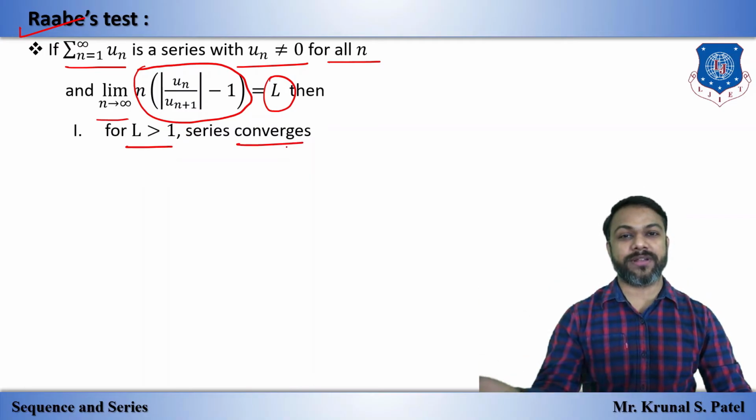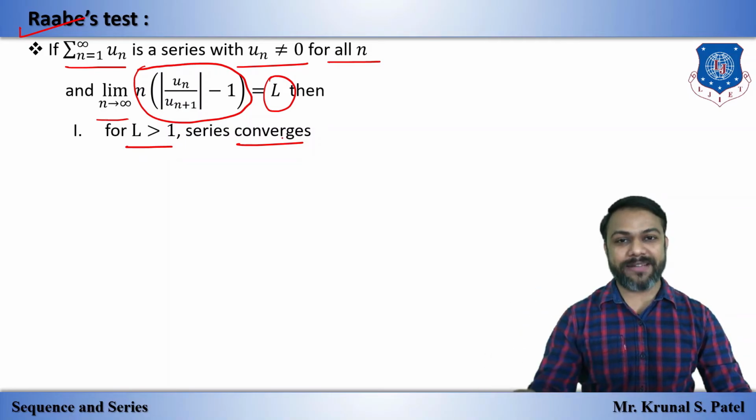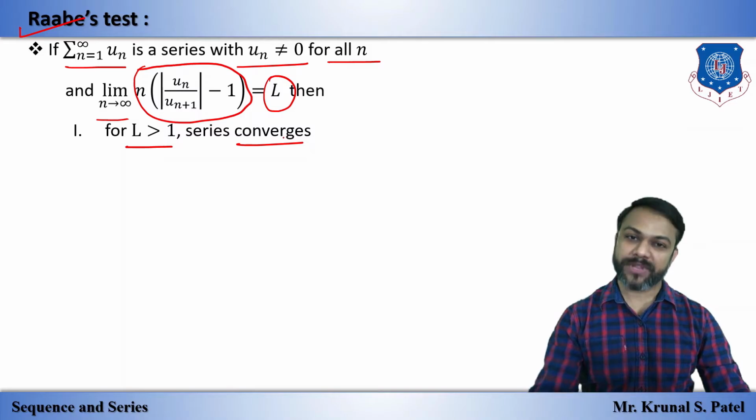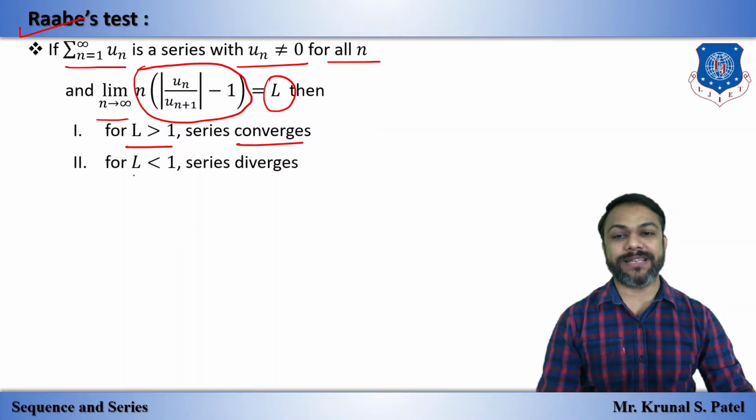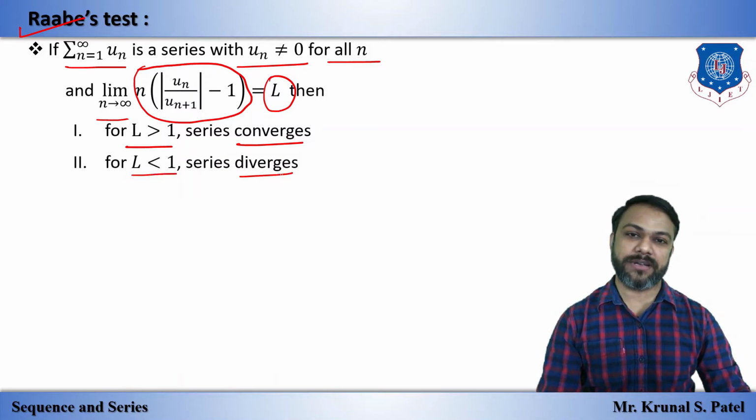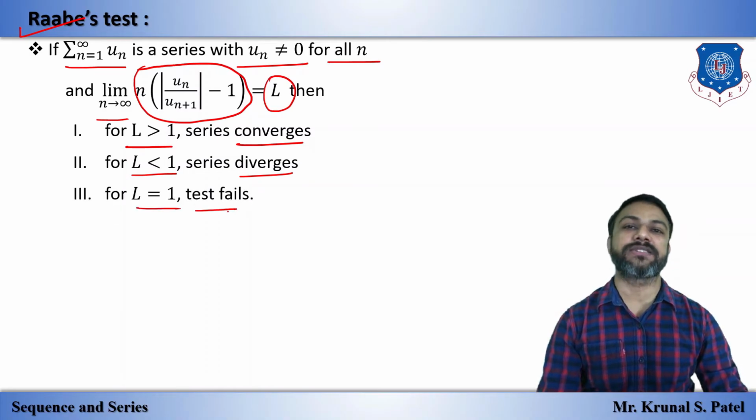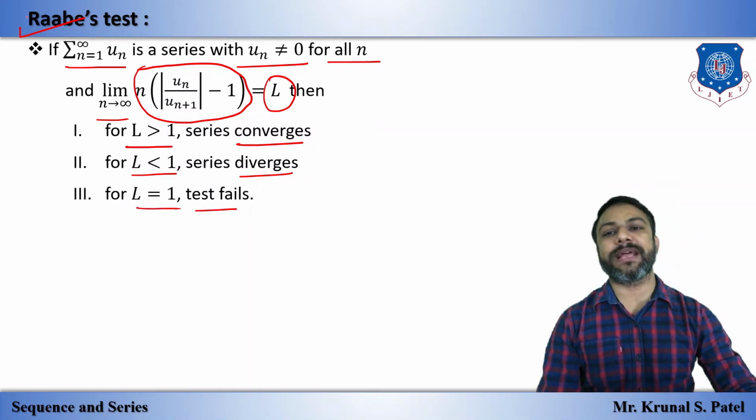Totally different. That means if L is greater than 1, in the ratio test it is divergent, but in the Raabe test it will be convergent. If L is less than 1, then it is divergent, and if L is equal to 1, then the test fails. So when will we apply the Raabe test?